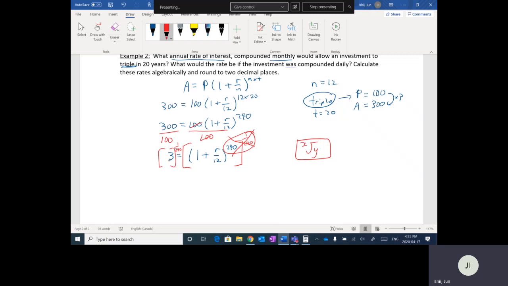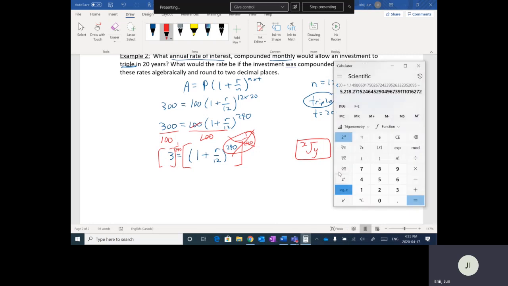So I want to take 3 to the 1 over 240th power. Let's do that on the left side: 3 to the power of (1 over 240) equals... All right, I'm going to get this number here, 1.00458.